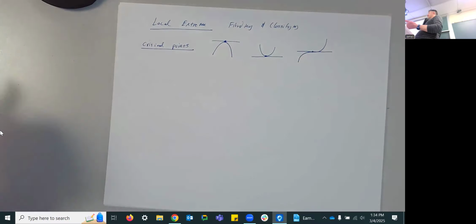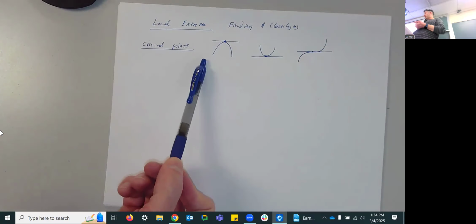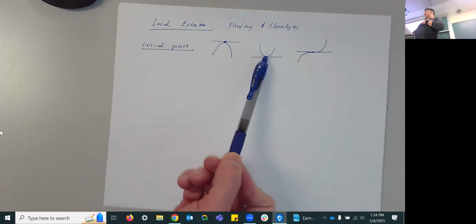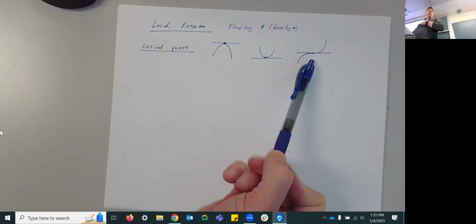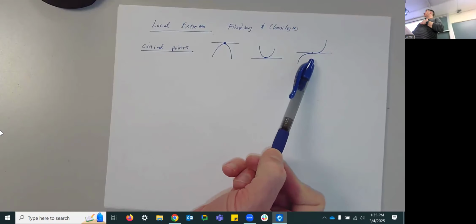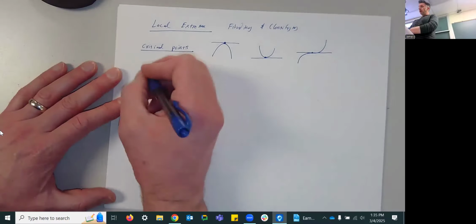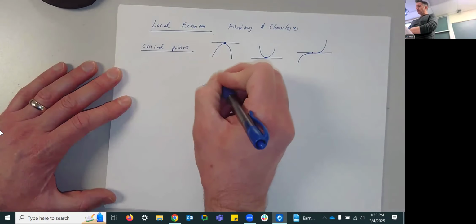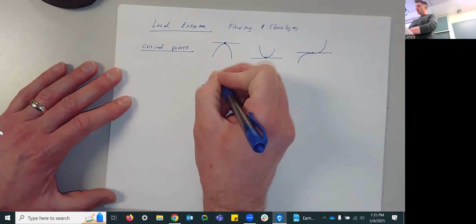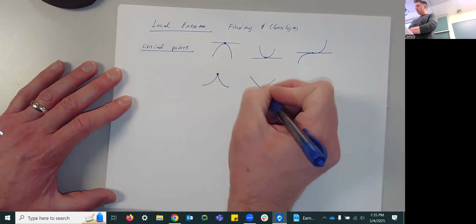And they correspond to different things, right? One of those is a relative maximum. Excuse me. That one's a relative minimum. That one's neither, right? That's neither a max nor a min because it's not bigger than everything next to it. It's also not smaller than everything next to it. You can also have things where it looks like maybe this, like a cuspy kind of thing, or a cornery kind of thing.